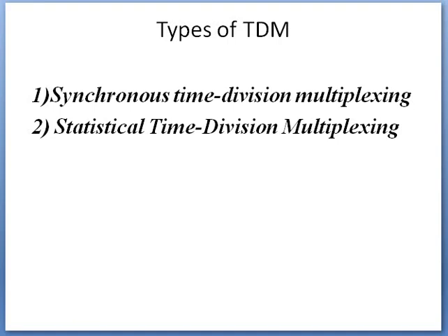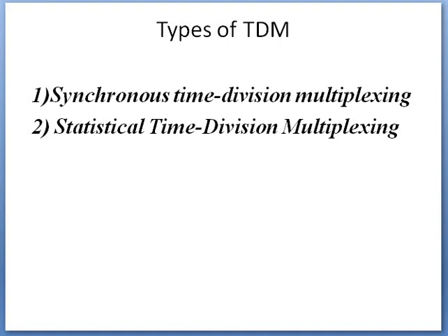We can divide time division multiplexing into two different schemes: synchronous time division multiplexing and statistical time division multiplexing. In this lecture, we discuss some points regarding synchronous time division multiplexing.